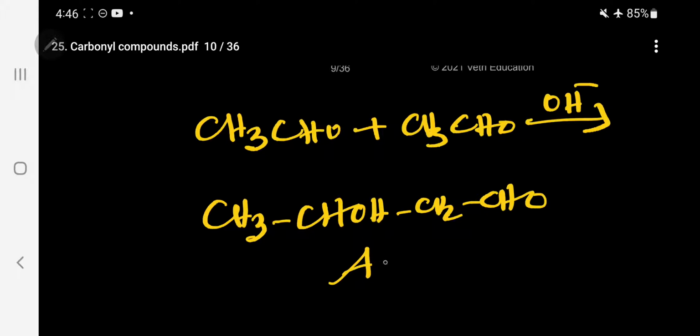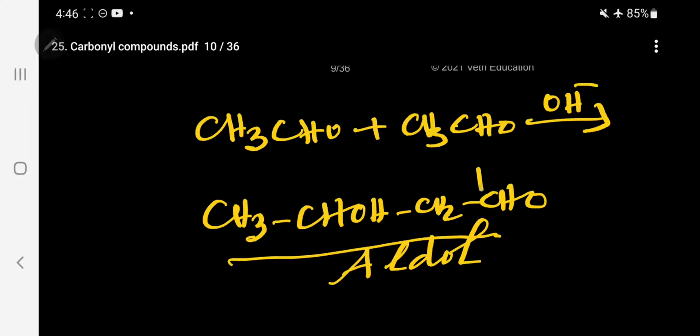The name of this compound is aldol. That's why it is called aldol condensation. If you want the IUPAC name, numbering 1, 2, 3, 4, this is 3-hydroxybutan-1-al. That is the aldol. So that's why it is aldol condensation.